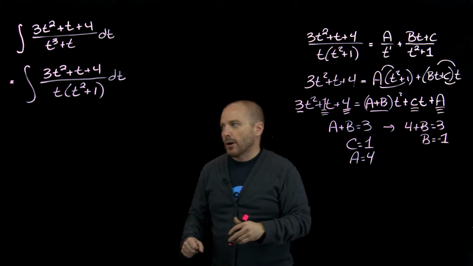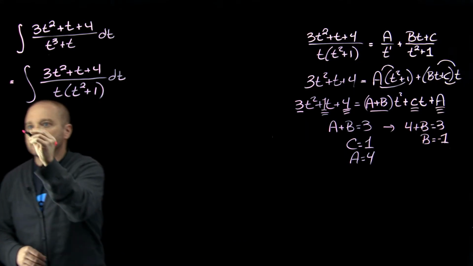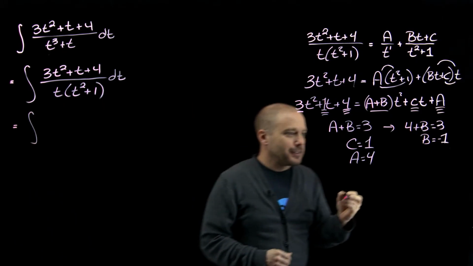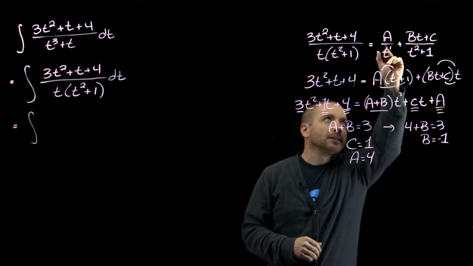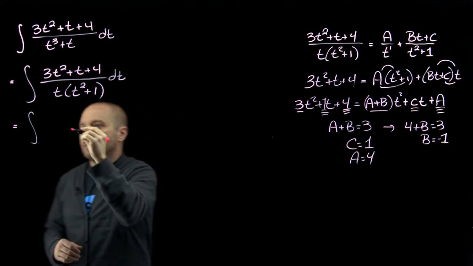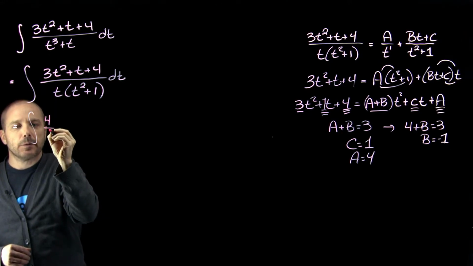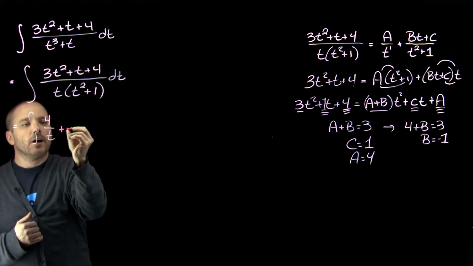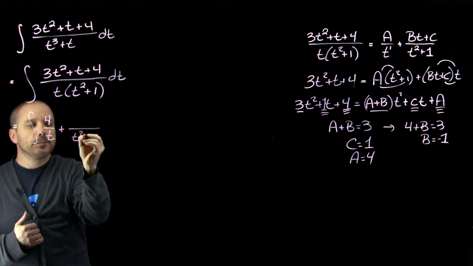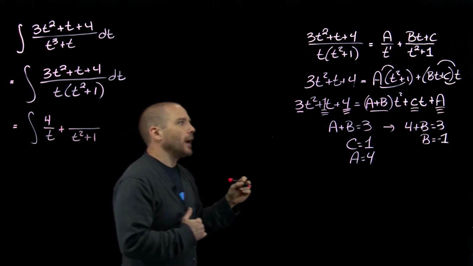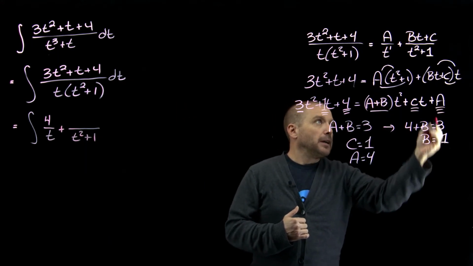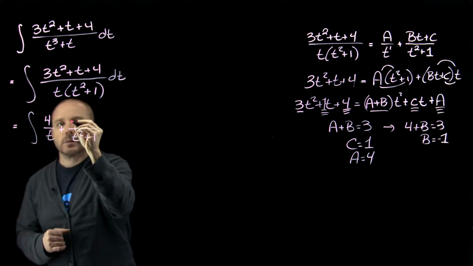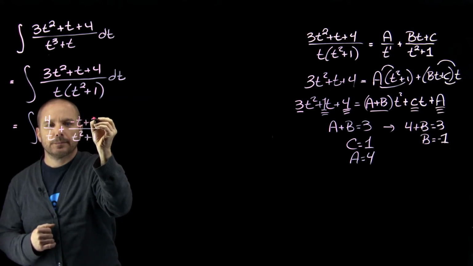So let's return to our problem here. Again, being careful to plug stuff in the right place. A was that constant on top of t. And then on top of t squared plus 1, we had Bt plus C. So -1t plus 1. Or -t plus 1.